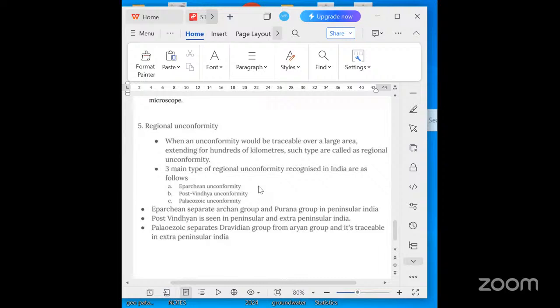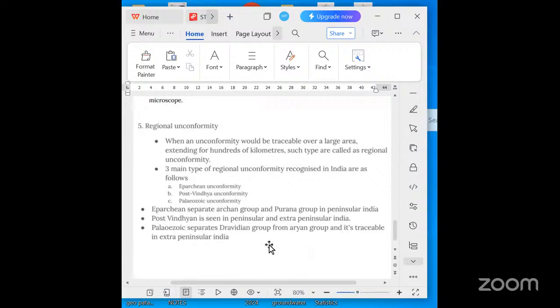The main types of regional unconformity recognized in India are the Eparchian unconformity, post-Vindhyan unconformity, and Paleozoic unconformity. The Eparchian unconformity separates the Archean group and Purana group in peninsular India. Post-Vindhyan unconformities are seen in peninsular and extra-peninsular India.